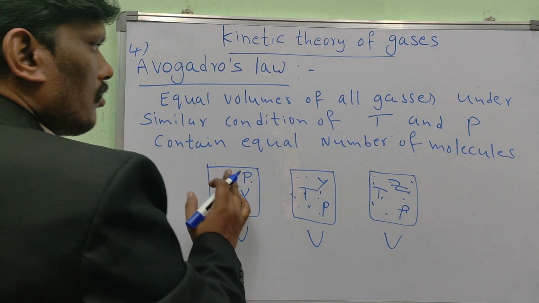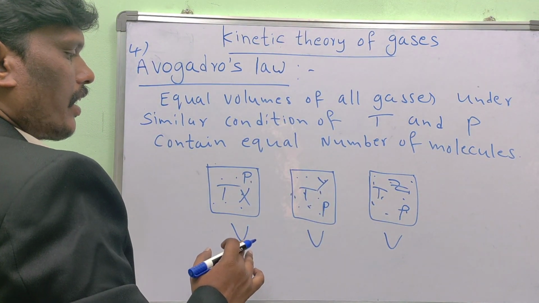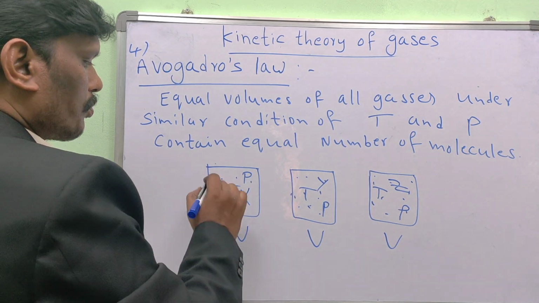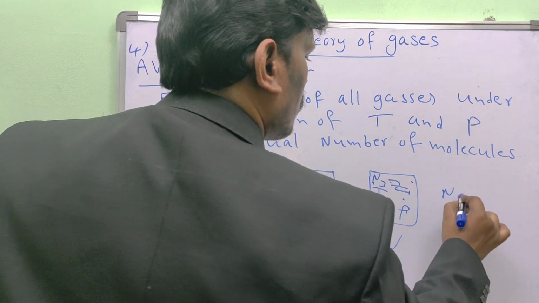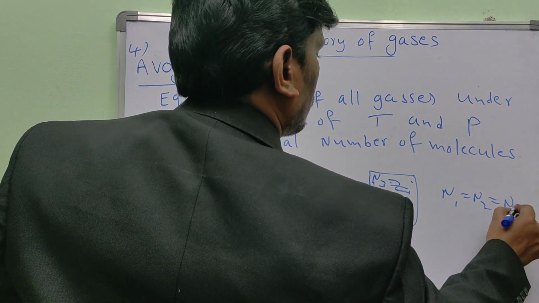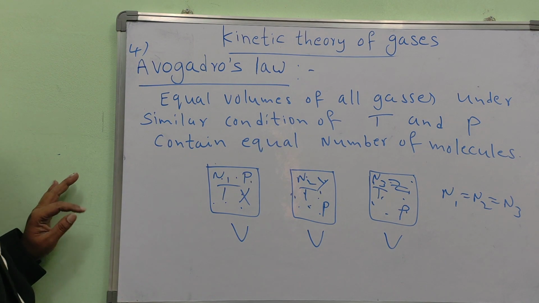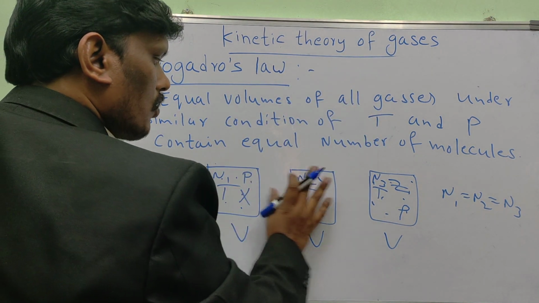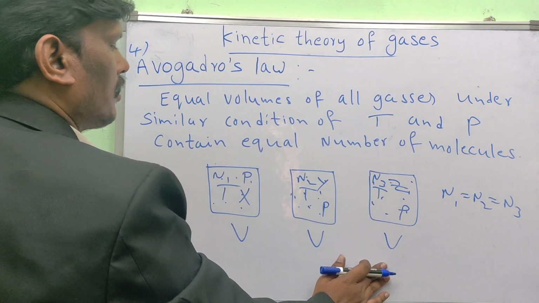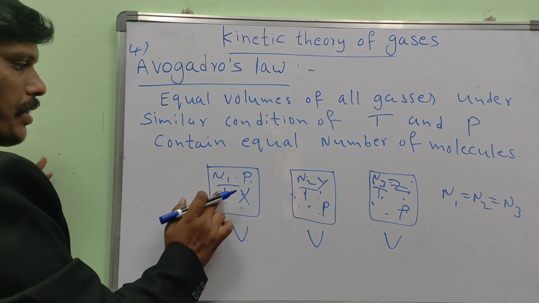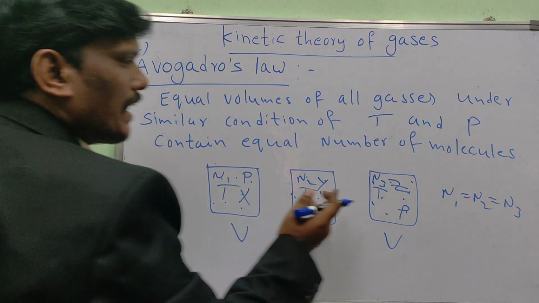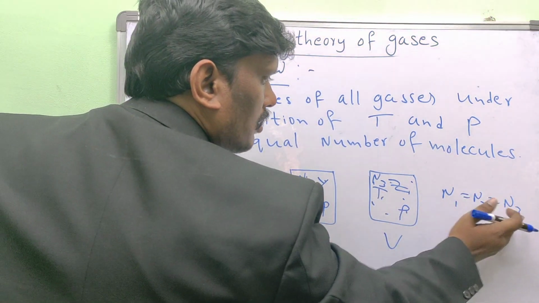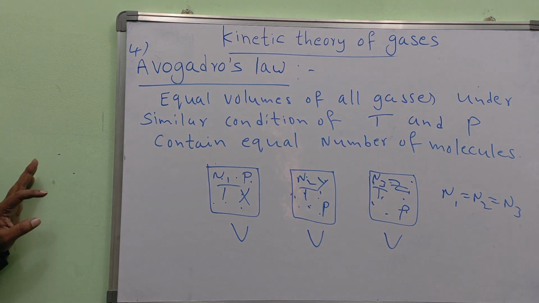At that time, all three gases have an equal number of molecules. Suppose the numbers of molecules are N1, N2, N3; then N1 is equal to N2 is equal to N3. That is Avogadro's law: equal volumes of all gases under similar conditions of temperature and pressure contain an equal number of molecules. N1 is equal to N2 is equal to N3. Note down, students.